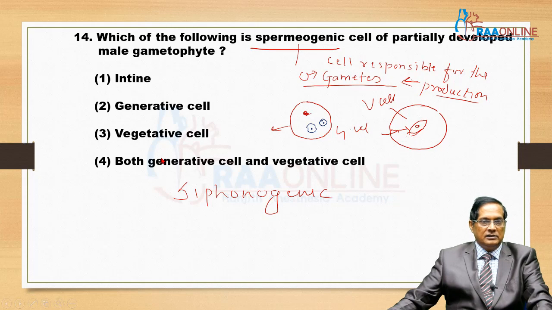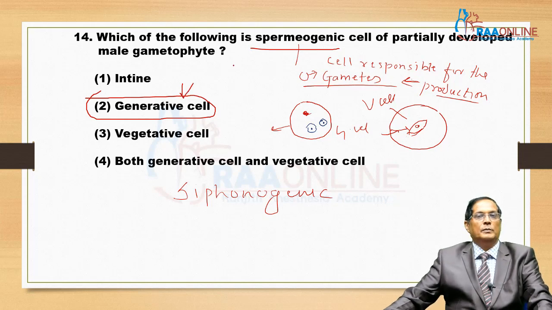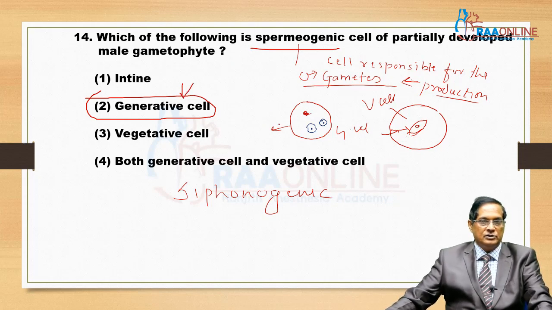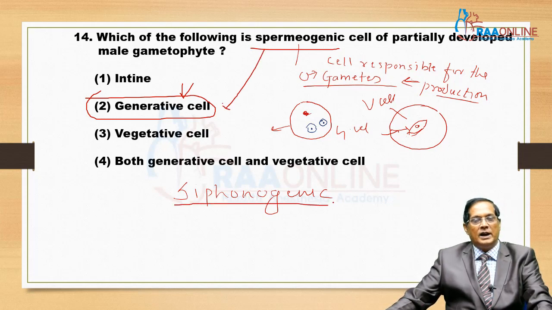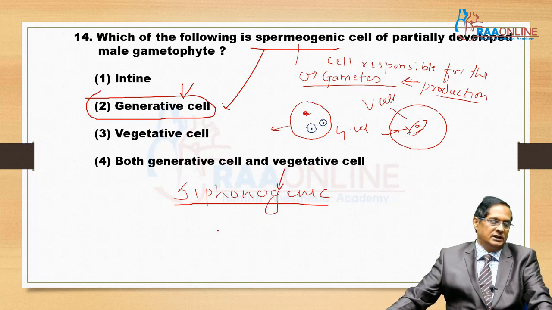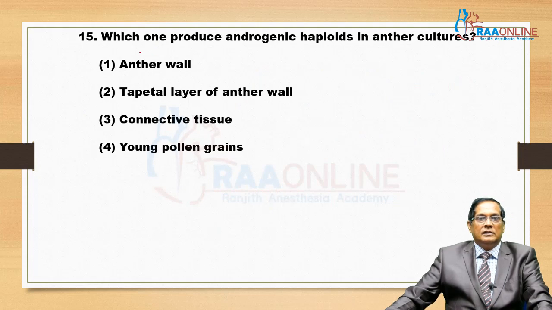So here the correct answer is, at the time of germination of male gametophyte, generative cell will form male gametes. So it is spermiogenic cell, whereas siphon, that is tube, is formed by the vegetative cell. So vegetative cell is siphonogenic.